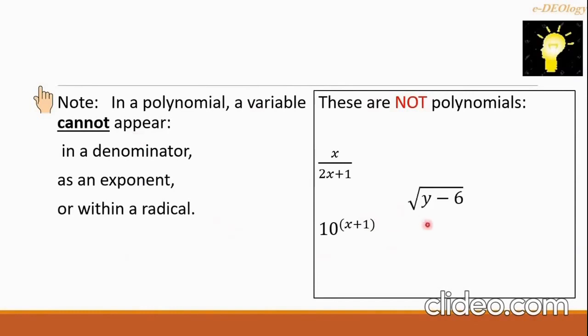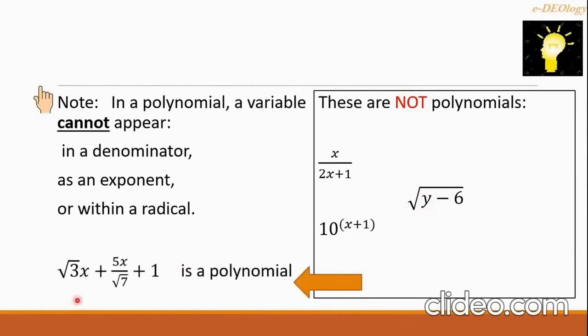So this example here, the square root of y minus 6. There is a variable y in the radicand, or I can say there is a variable inside the radical symbol. So this is not a polynomial.